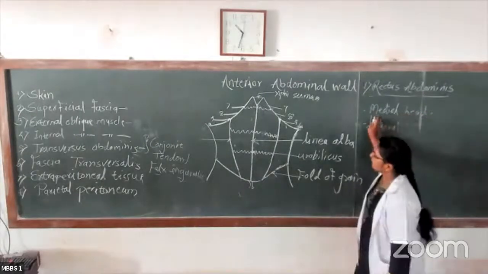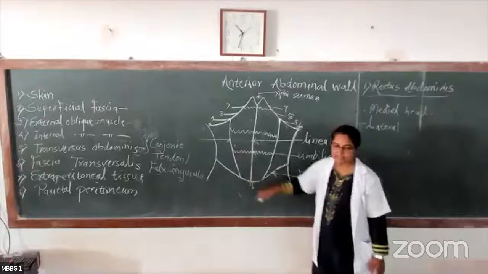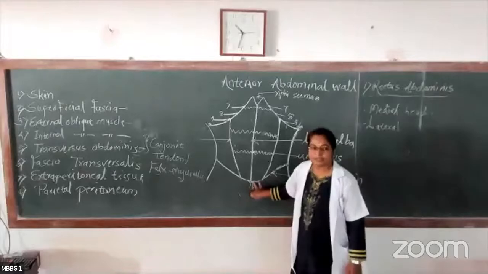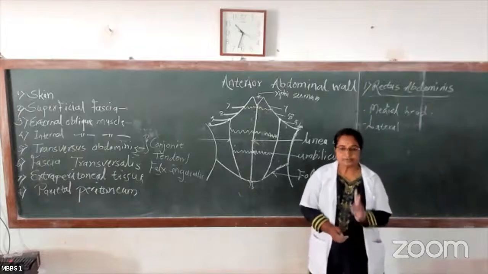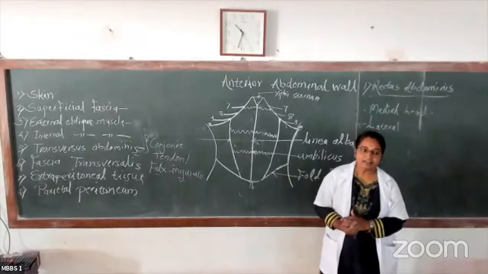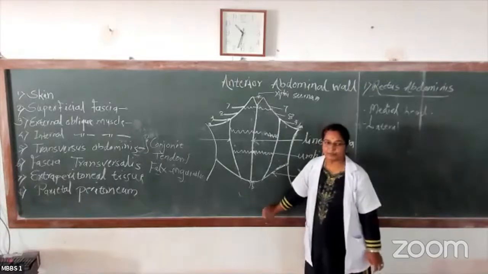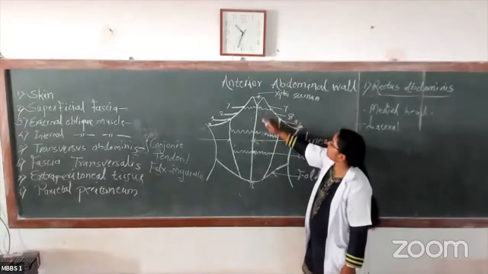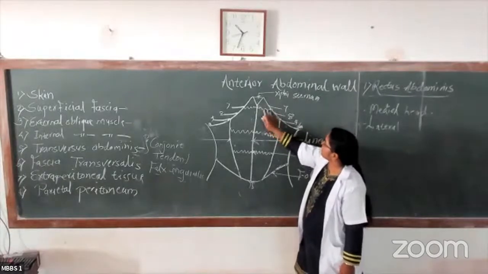The medial head takes origin from the anterior surface of the pubic symphysis, and the lateral head arises from the pubic tubercle and pubic crest. Then this muscle ascends upwards and is inserted on the costal margin.